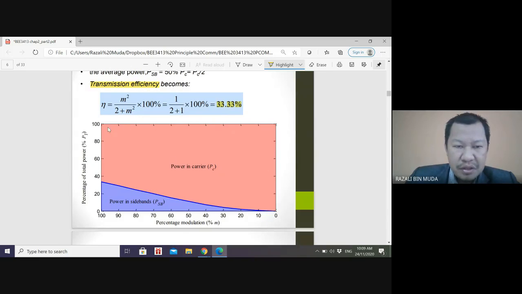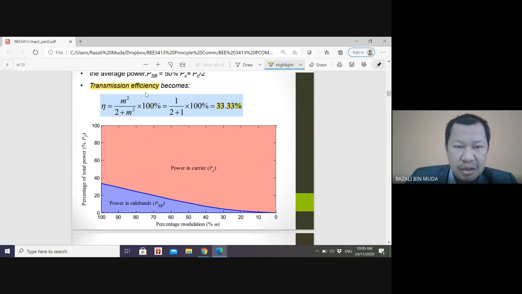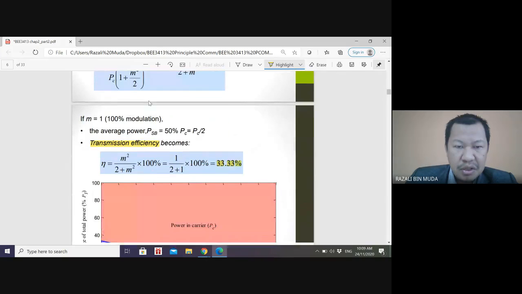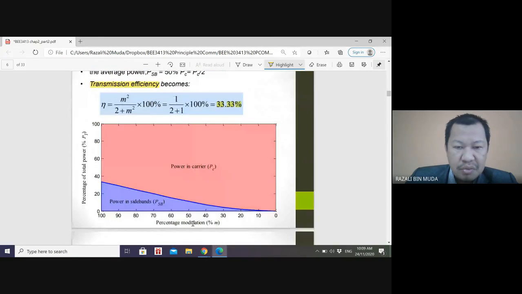From this graph, this graph shows the percentage of total power against percentage of modulation. The red one is the power in the carrier, and the blue one is the power of the sideband. So basically, you plot this equation against the modulation.